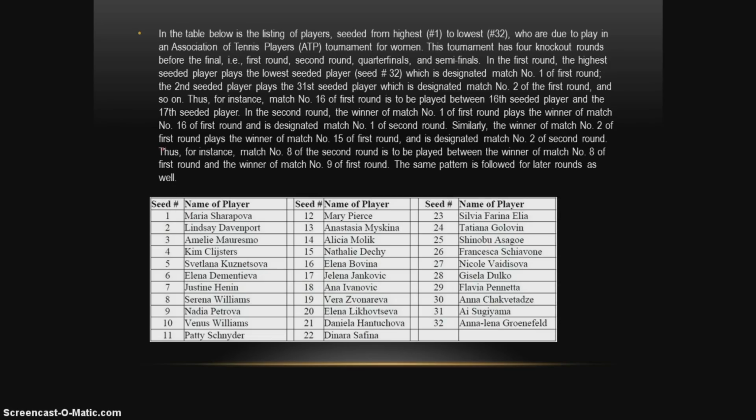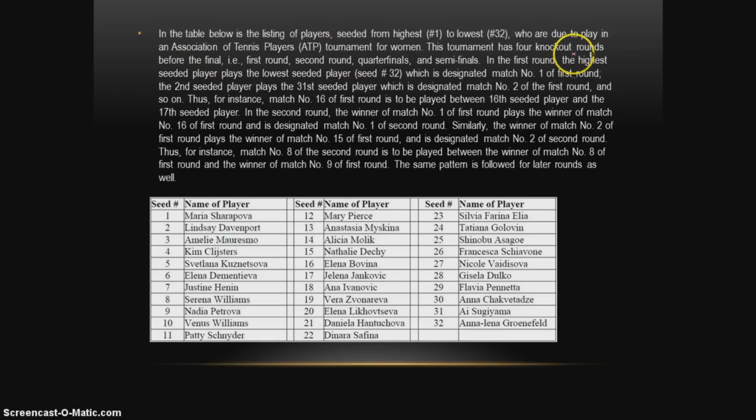Next is the topic of my next video. It is about knockout format problems. So let's have a quick look at the sample problem which would be expected. It is like this. In the table below is the listing of players seeded from highest, number 1, to lowest, number 32, who are due to play in an Association of Tennis Players (ATP) tournament for women.